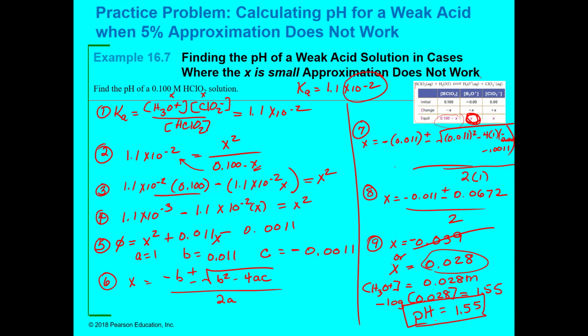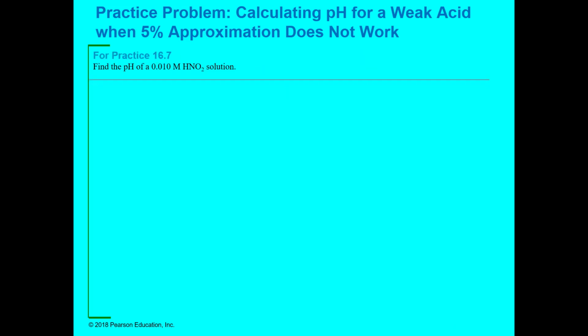But the bottom line is, when you get done, you should have 0.028 as your x, and then take the negative log of that to get your pH. If you're not getting that with your calculator, then we need to have a one-on-one with either me or tutor or somebody else so we can walk through those steps that you take when you're doing the quadratic formula. Then you have a practice.